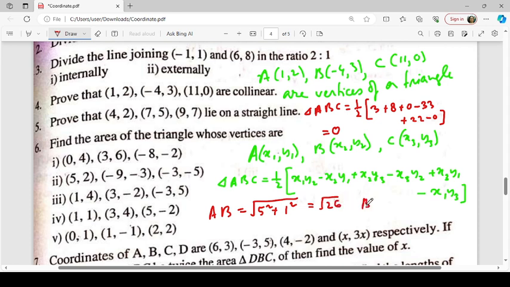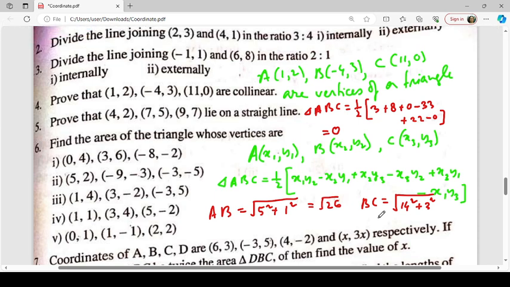Then BC is equal to -4 minus 11, it is -15 square, plus 3 minus 0, it is 3 square.